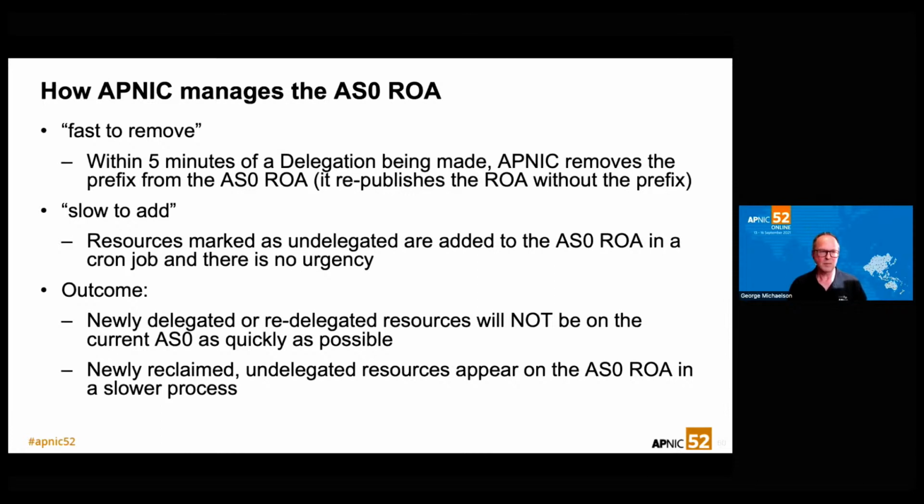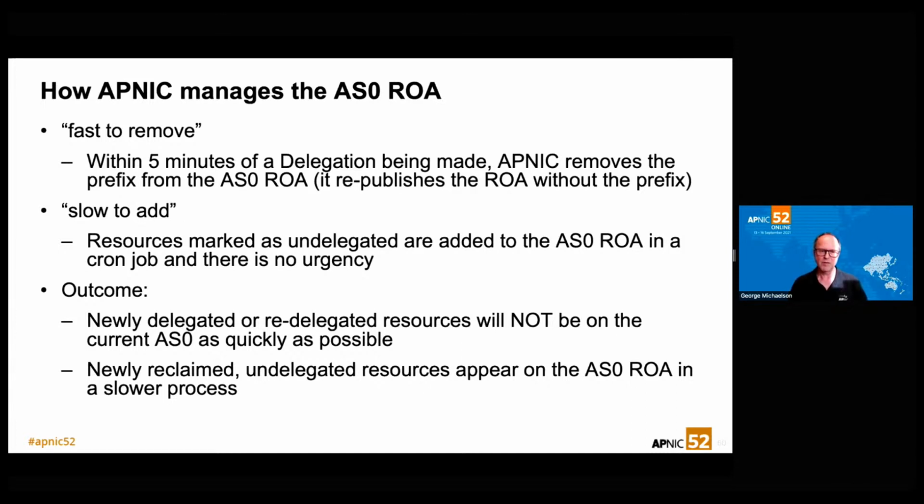So our operating model is really very simple. We keep this ROA aligned to the visible state of the delegated files, but we do this at two slightly different intensities. When things are delegated, we make a change as quickly as possible before it becomes public.